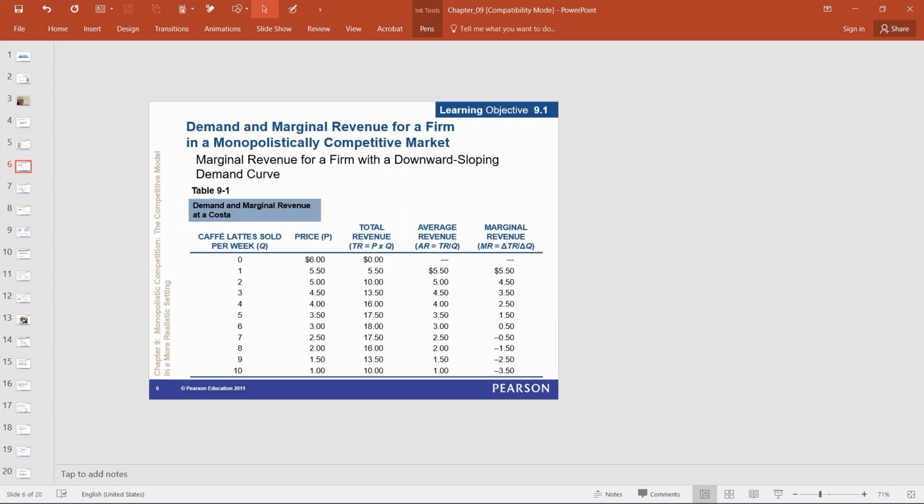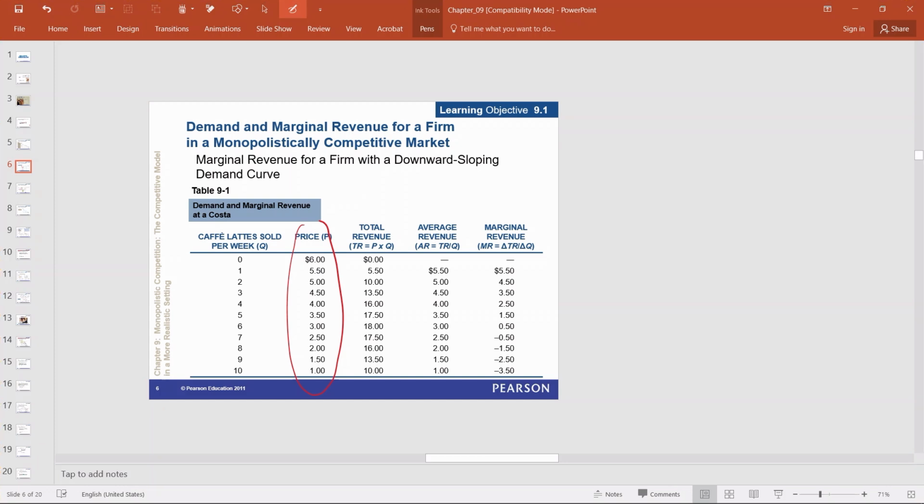So here we want to also show why the price is different than marginal revenue, unlike the situation in perfectly competitive market. So here the price in monopolistic competitive market differs. So the price differs because consumers will buy less when market price is high, and this is what this firm is facing in monopolistic competition.